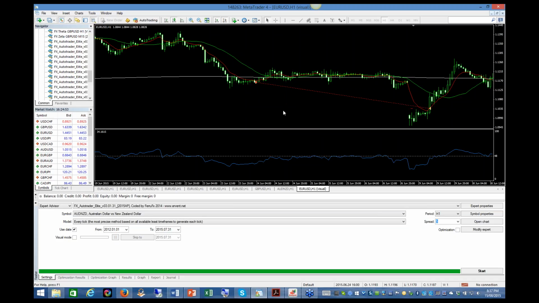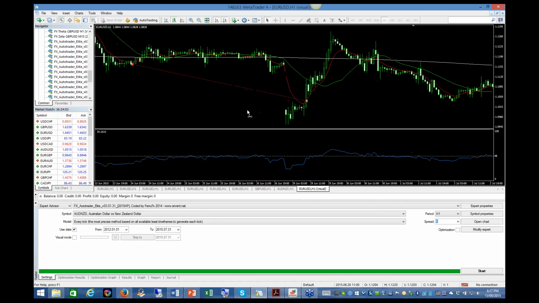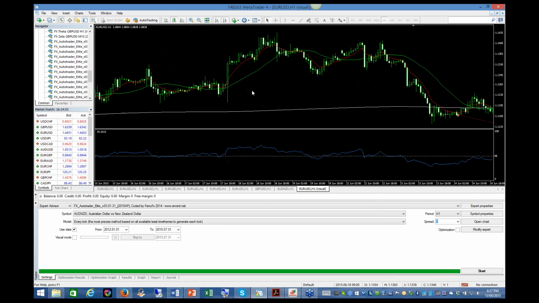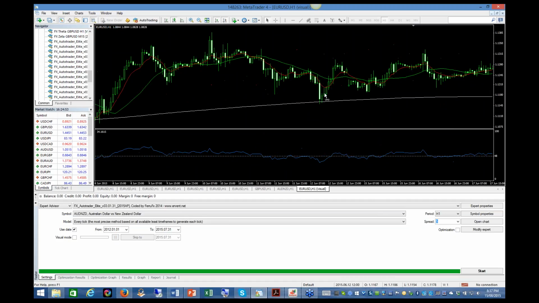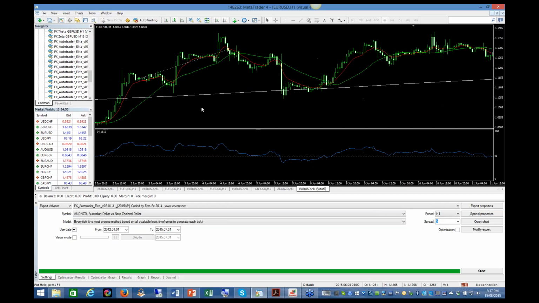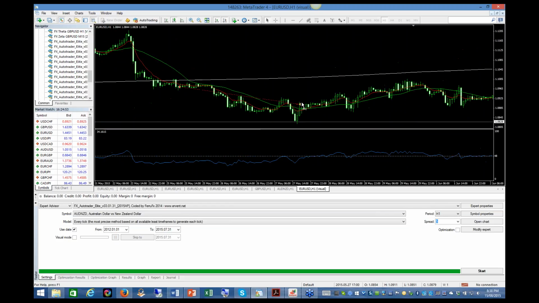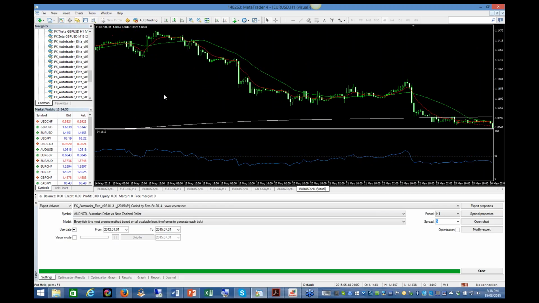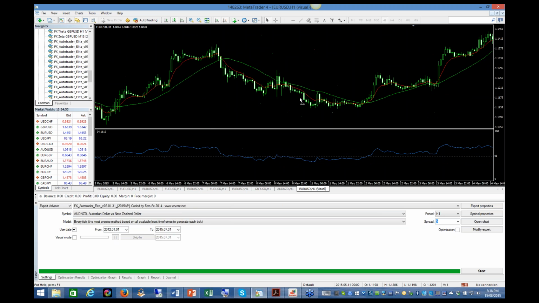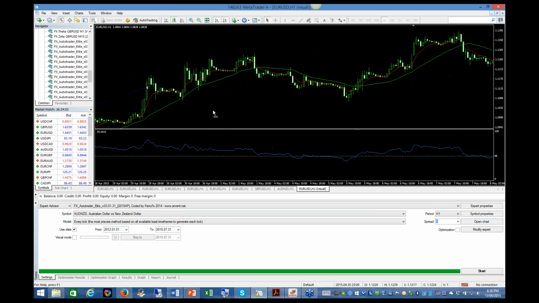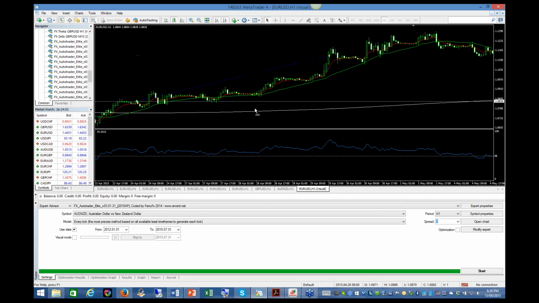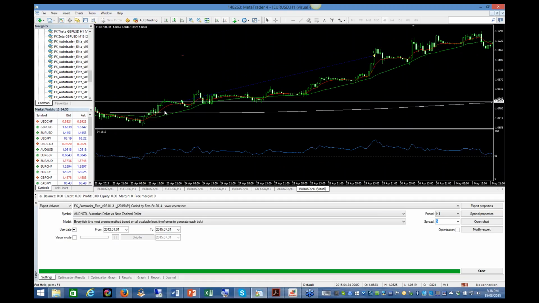Now, as I said, this strategy doesn't trade often, and if I go back, I think I must have missed one. I have, but in any case, I've come across another buy trade, which happened here.